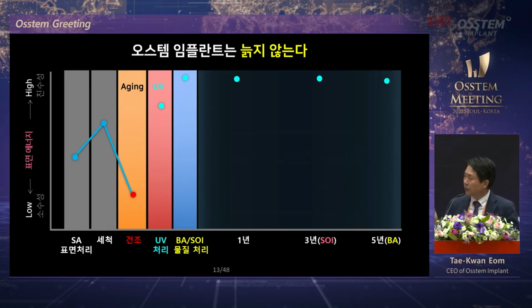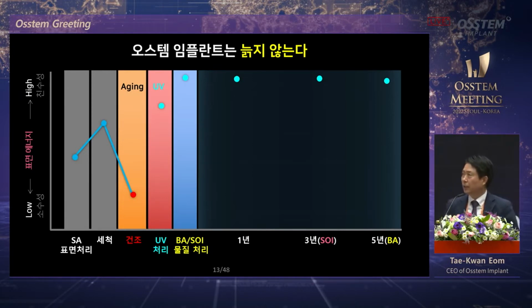So let me talk about the production processes. Axis, the processes. So you can see the dot. The energy is created after assay surface treatment, and then cleaning is done in the next step.